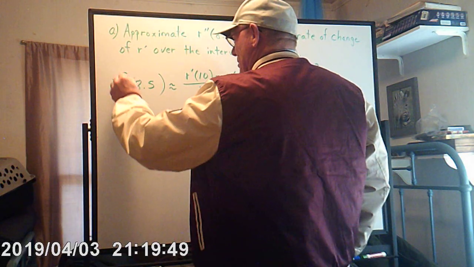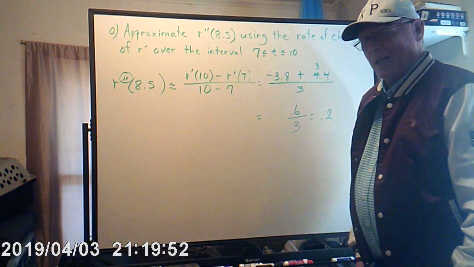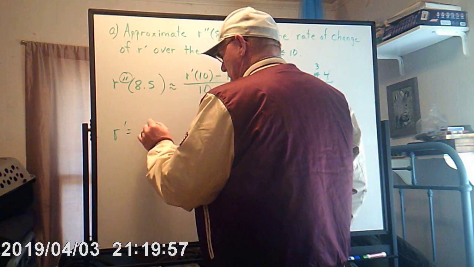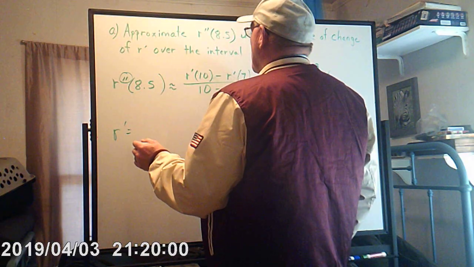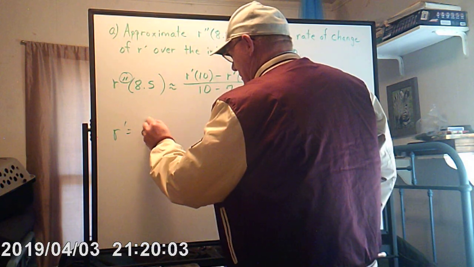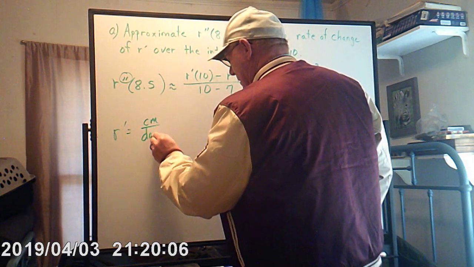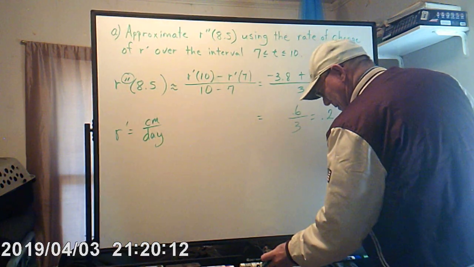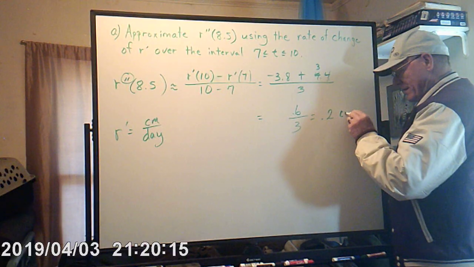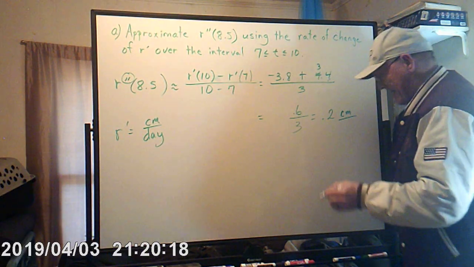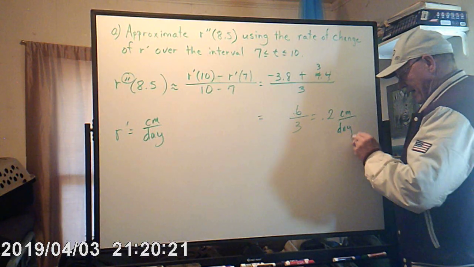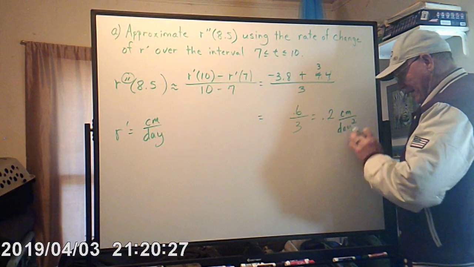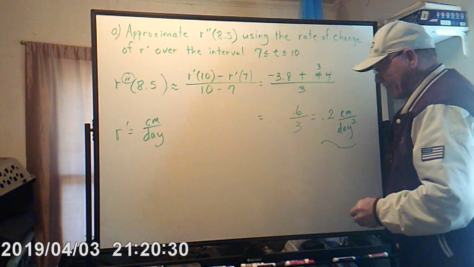We have to be able to interpret what this R double prime stands for. Keep in mind that R prime is in centimeters per day, so R double prime is going to be centimeters per day, per day, which is centimeters per day squared. And you have to have that, otherwise you do not get all the credit for that problem.